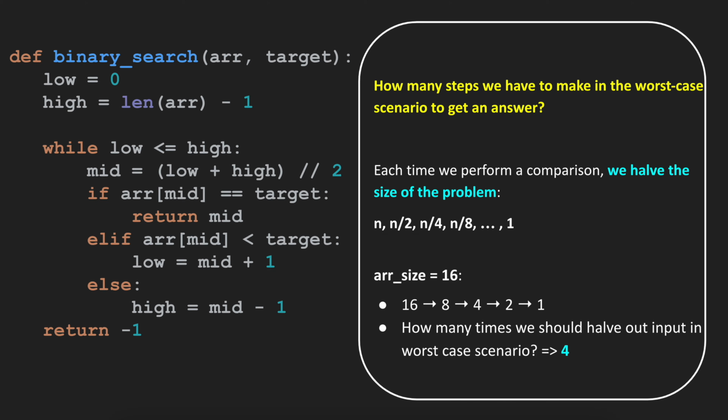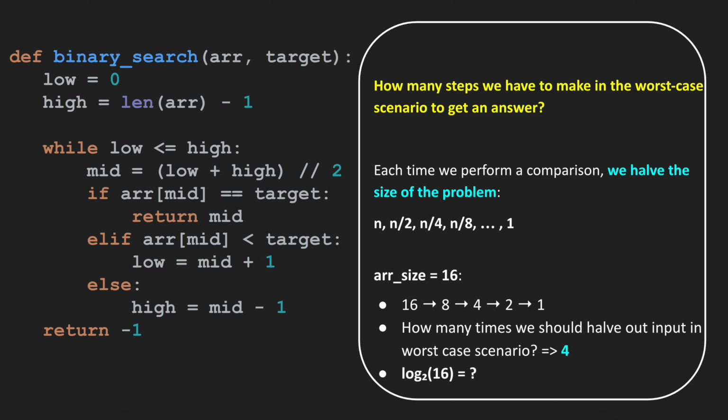How many times should we halve our input in the worst case scenario? In this case we are making 4 steps, dividing 4 times, in order to get our answer.